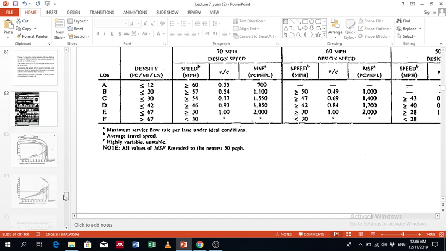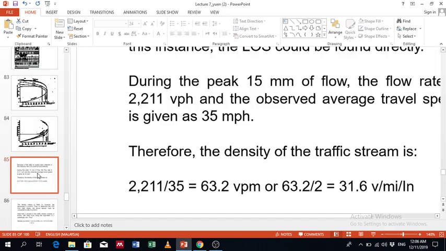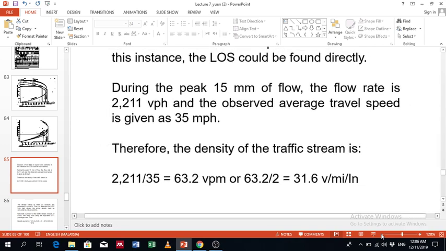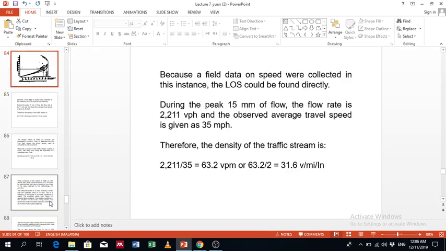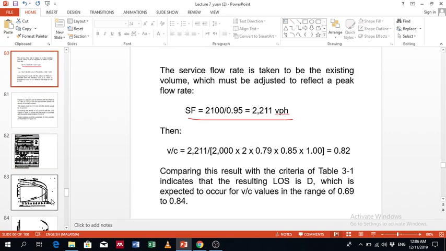So here we just answered the first part of the question, which was to calculate the level of service. Level of service D is expected to occur for V over C values in the range of 69% to 84%.